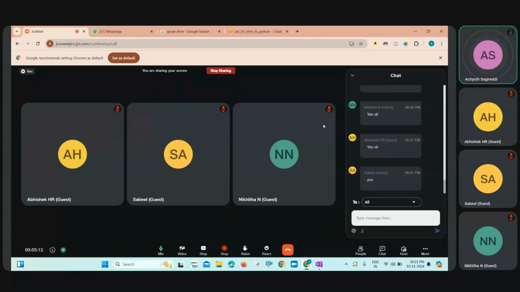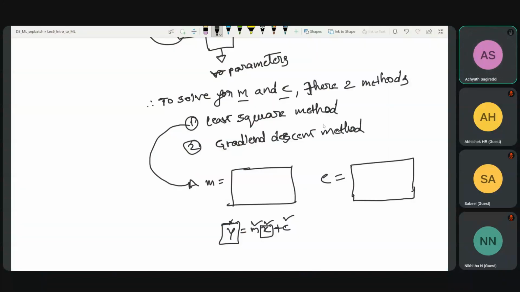How to relate the input and output in simple linear regression. Are you feeling it is math heavy, or are you not understanding? No, right? Okay, let me continue.